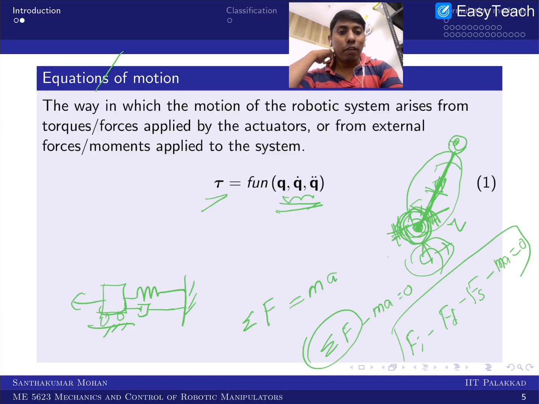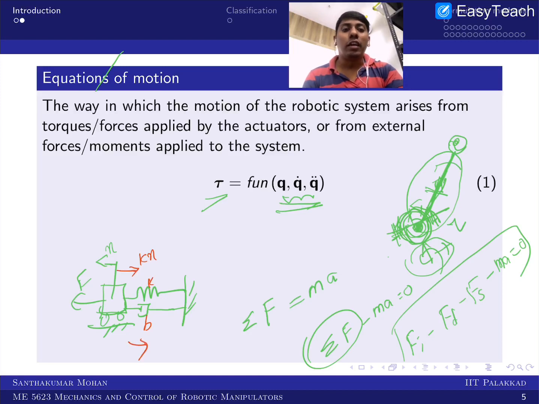Now if I apply a force F, the displacement I call x. Here there is a restoring force, with stiffness k, so kx acts opposite to F. There is also B, a viscous force acting opposite to the input force or the displacement, which is Bx dot.